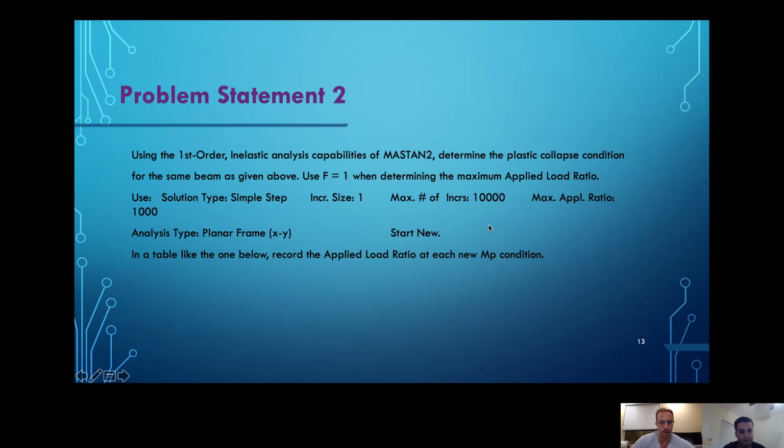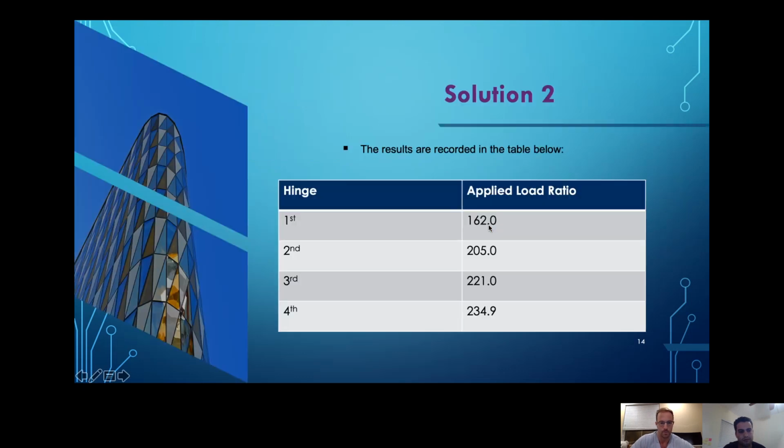And then we ran the inelastic analysis. And the results were very similar to the results in part 1. Mastan would not give me any more accuracy beyond 4 significant digits. So these are the results you see here: 162 at the first hinge, then 205, 221, and 234. And those are in kips.